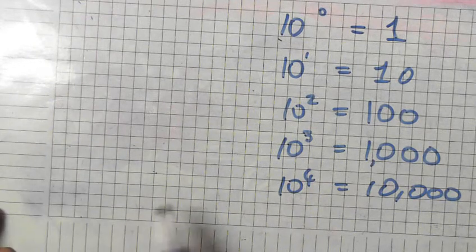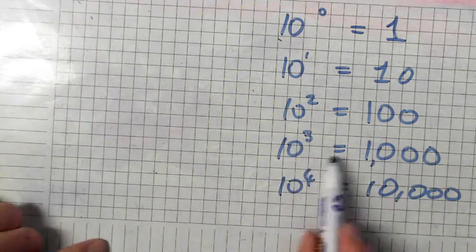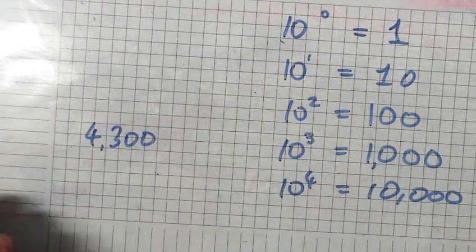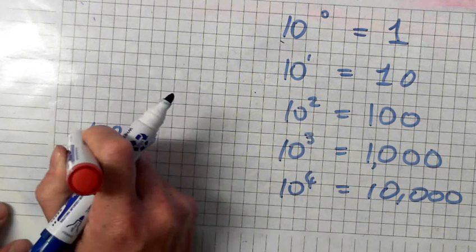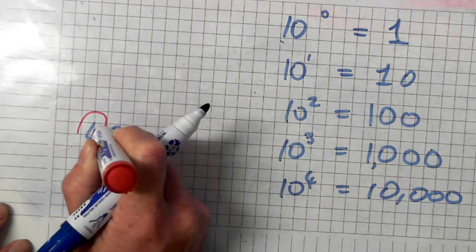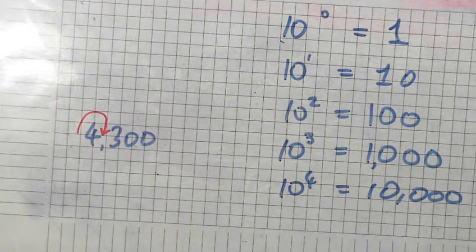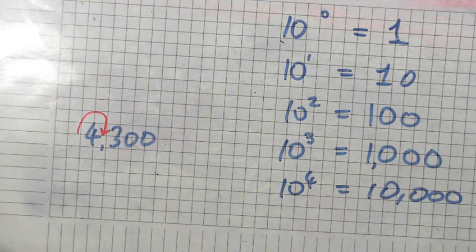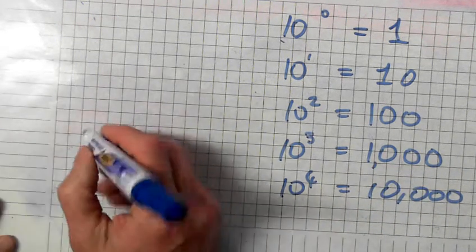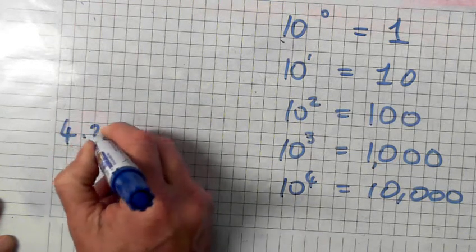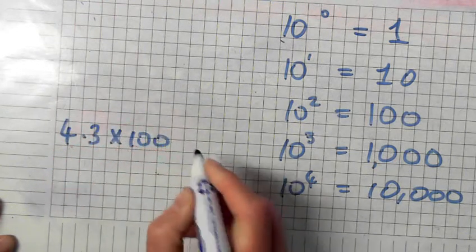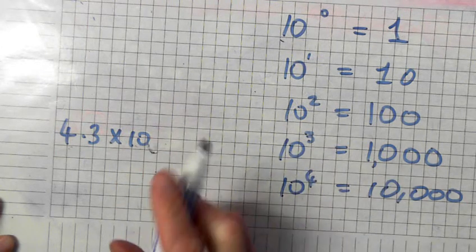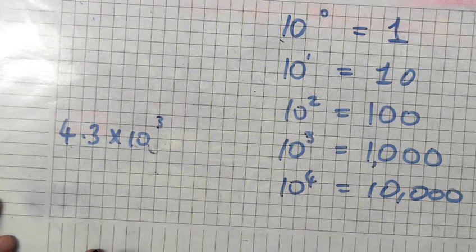Another one. We'll go to thousands. 4,300. So I start here and move my decimal point in 1 significant figure. So that's 4.3 times 1,000 is 4,300. And how do I write 1,000? 10 to the power 3. Okay.